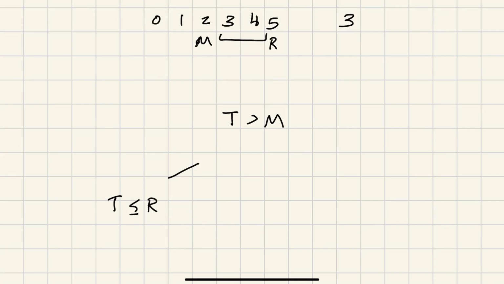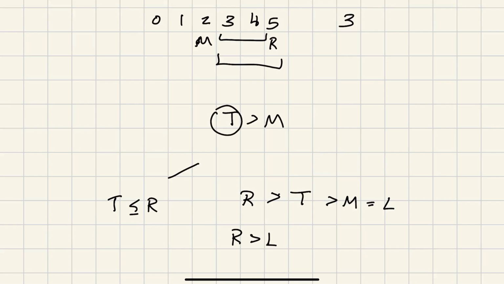Okay, well, why is that important? Remember we said t is greater than m, and now we're saying that r is greater than t, and in this case m is equal to left, so we're saying that r is greater than left. And this means that the subarray to the right is ordered, and if target is greater than the middle, then it has to be within that subarray. Okay, so that's one case.